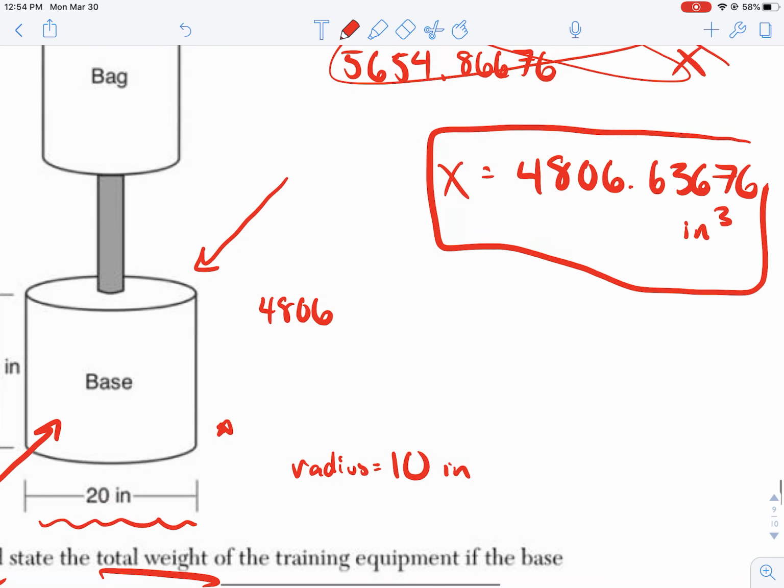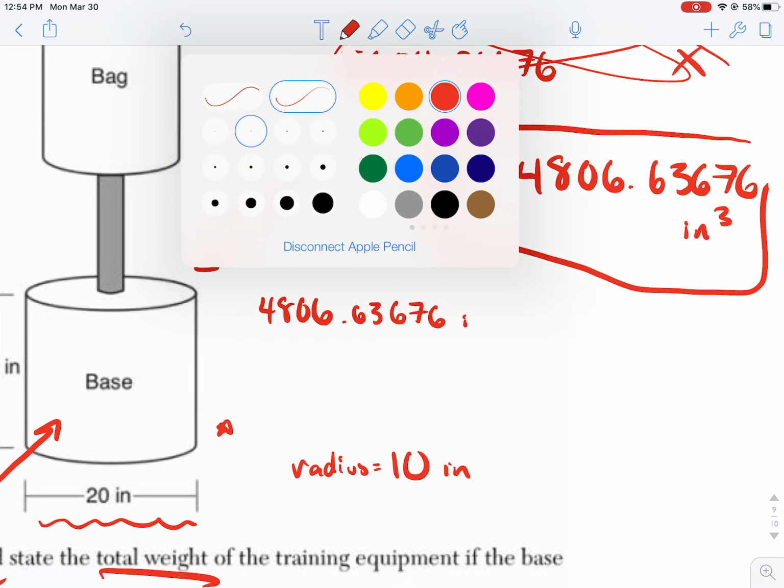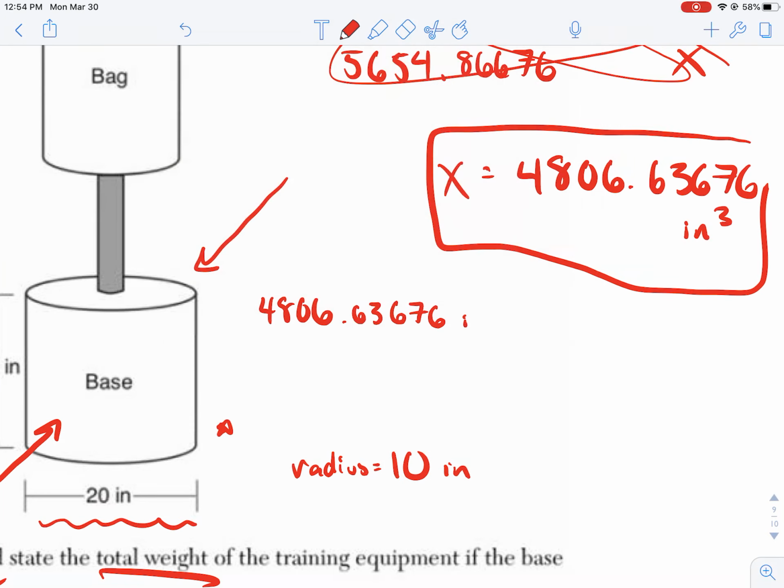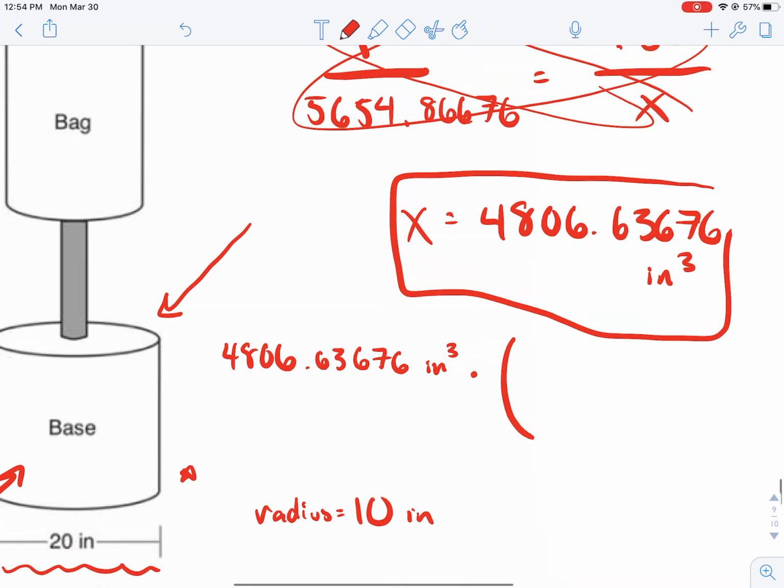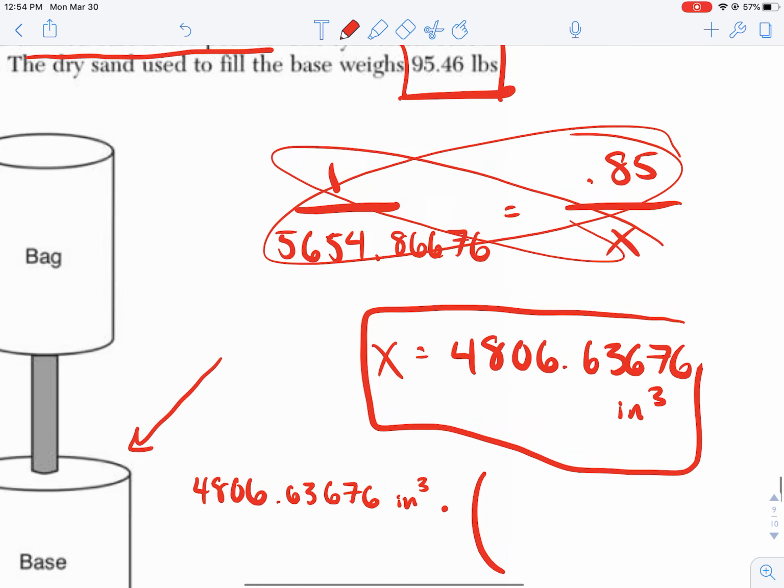All right? So, in order to find that, we're going to have to do some metric conversions. So here is this right here, 0.637, and this is inches cubed. Okay, multiplied.